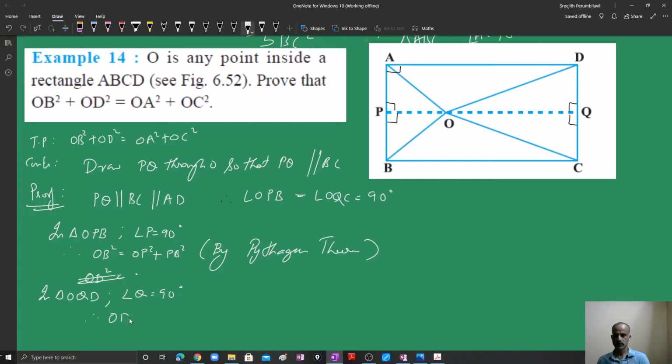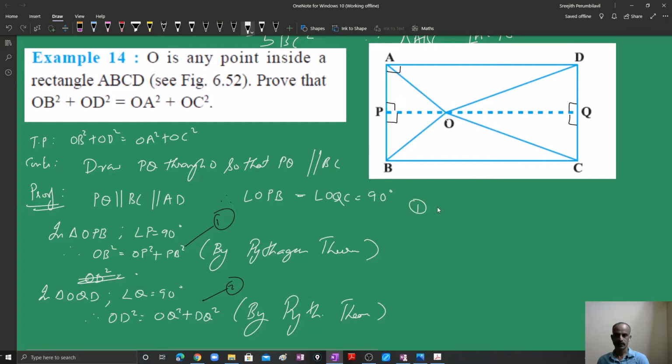Therefore, OD square is equal to OQ square plus DQ square, isn't it? By Pythagoras theorem. So this we can put as relation number 1. This is taken as relation number 2.